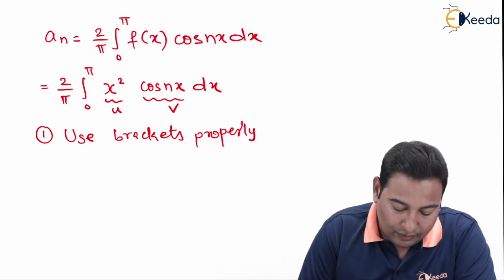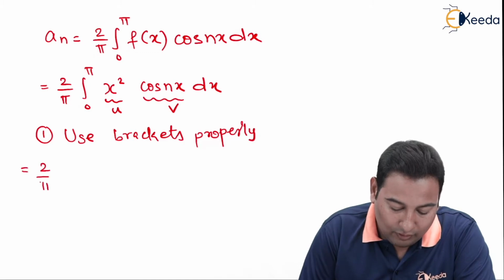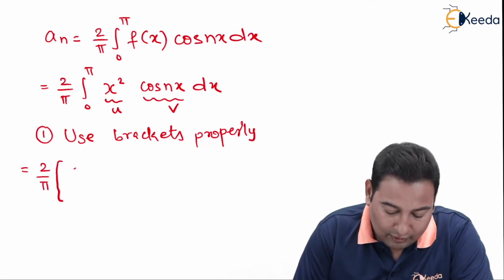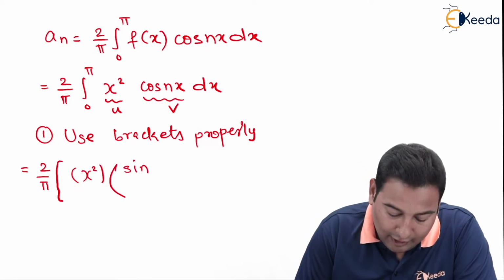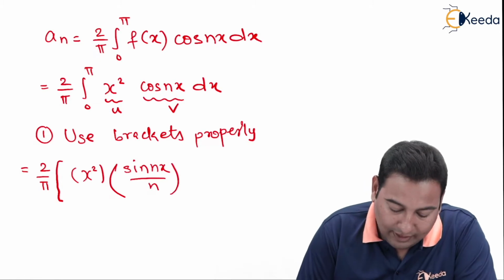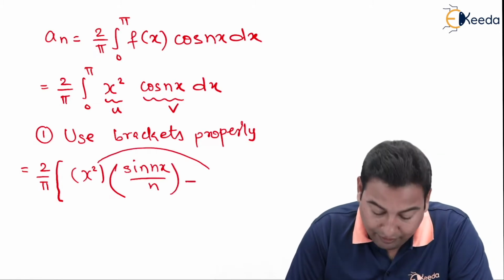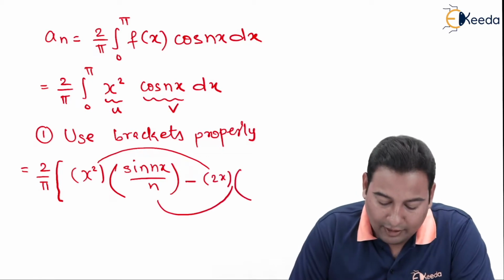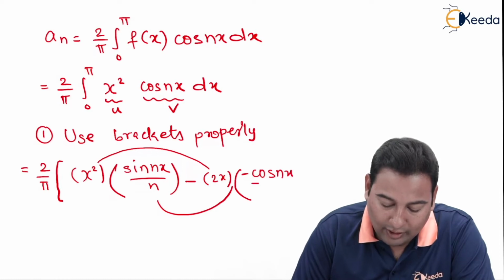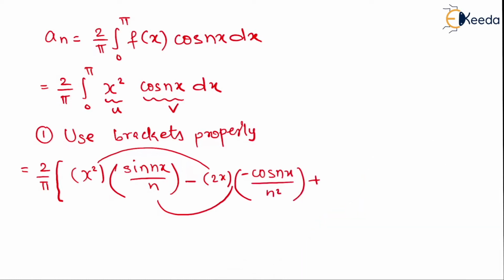Let's integrate this. 2 upon pi constant outside, u as it is, x square as it is, cos nx integration, sin nx upon n, minus x square derivative 2x, integration of this term minus cos nx upon n square, plus derivative of this term 2, integration of this term minus constant cos nx integration is sin nx upon n.